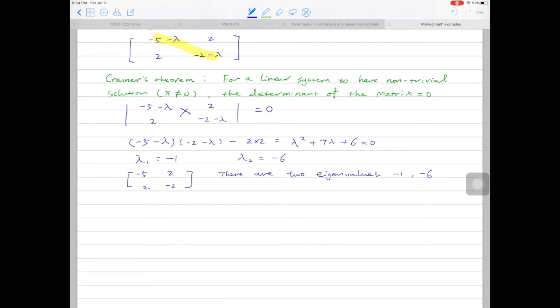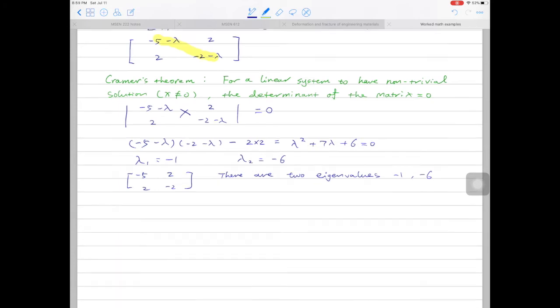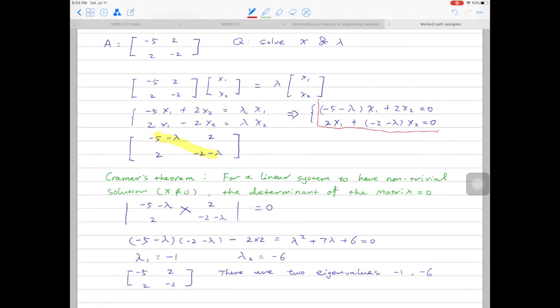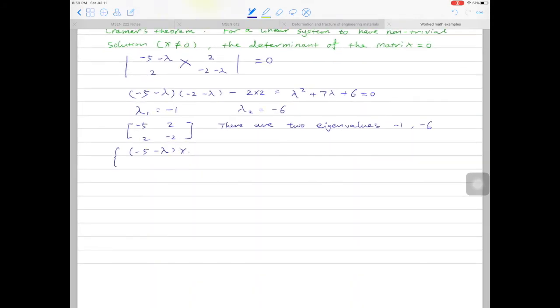After obtaining the eigenvalues, we can calculate the eigenvectors. Let's scroll back a little bit. I hope you still remember these two linear equations. Write them down again. If we solve for x1 and x2, we are obtaining the eigenvectors. Here, we have two scenarios.